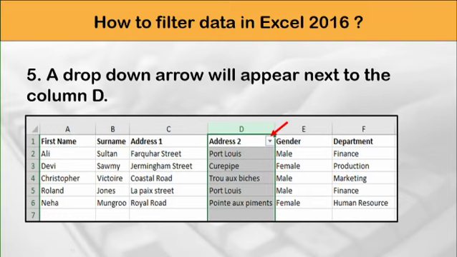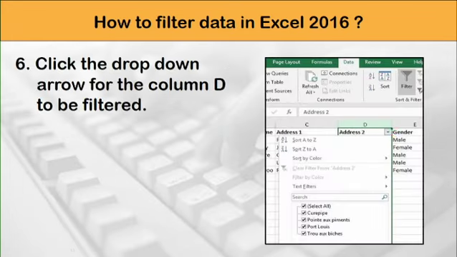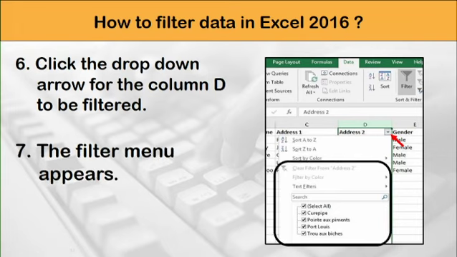A drop-down arrow will appear next to column D. Click the drop-down arrow for column D, that is address 2, to be filtered. The filter menu appears with all the addresses selected.